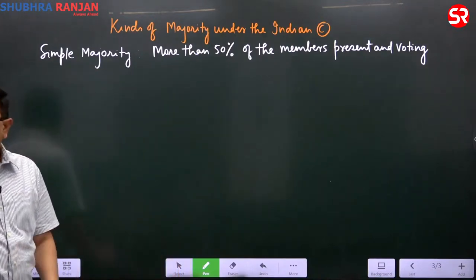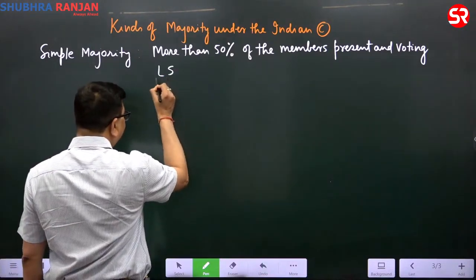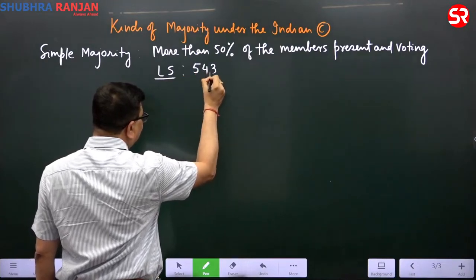Now suppose in the Lok Sabha we have a strength of 543 members.